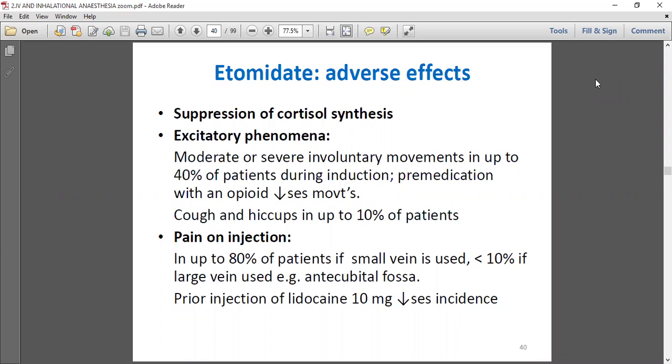Then pain on injection is experienced in up to 80% of patients if a small vein is used, and less than 10% if a large vein is used, e.g. the antecubital fossa. Prior injection of lidocaine 10 milligrams decreases the incidence.